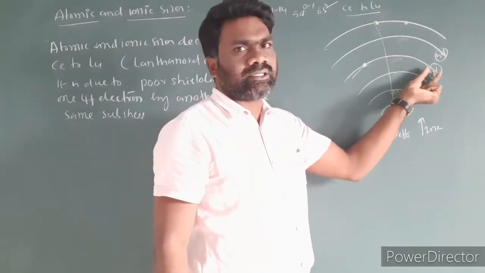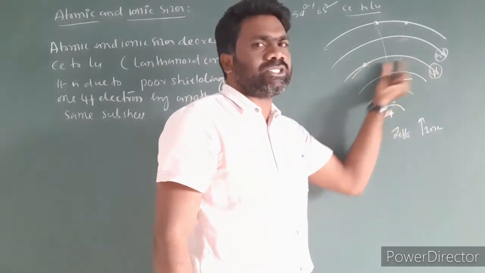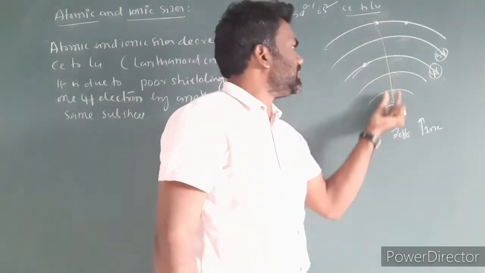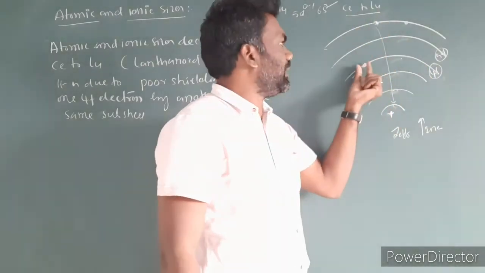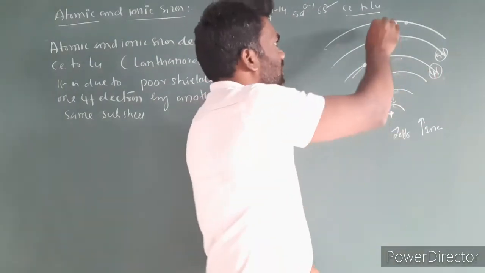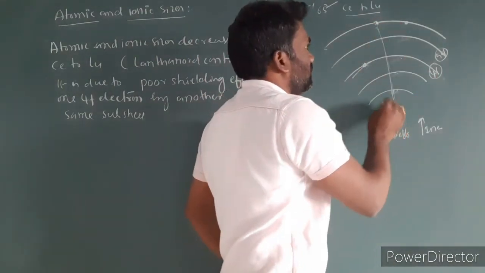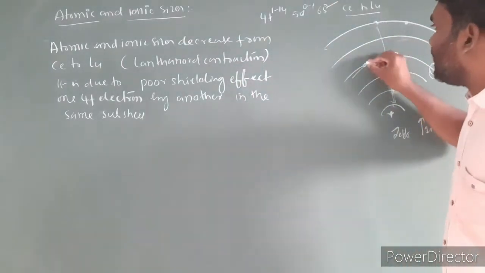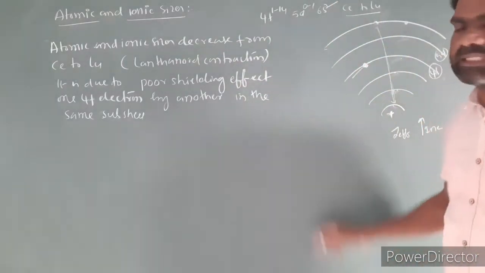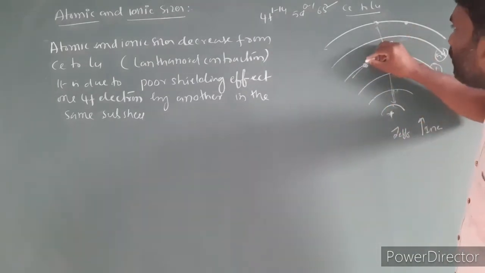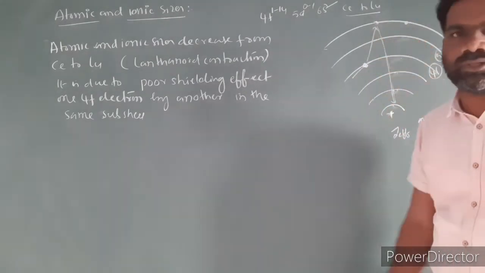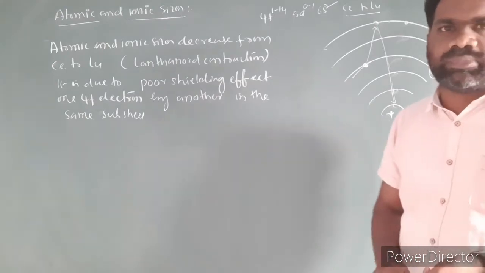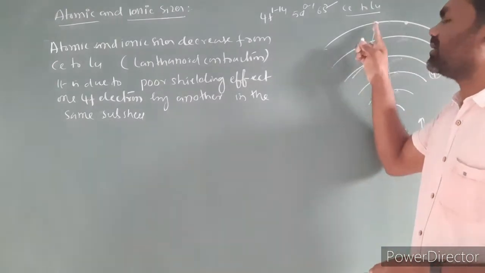With each element, the electron is added in the 4f energy level. The nucleus attracts this electron strongly, but the inner shell electrons are not repelling these electrons very strongly, although there must be some repulsion.